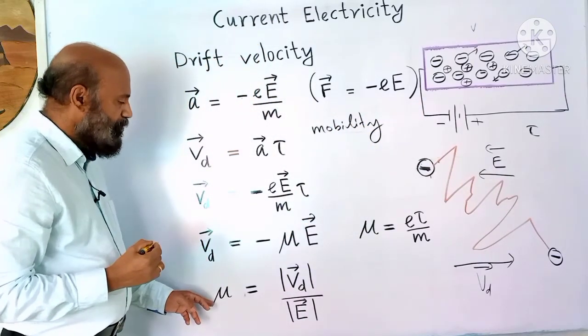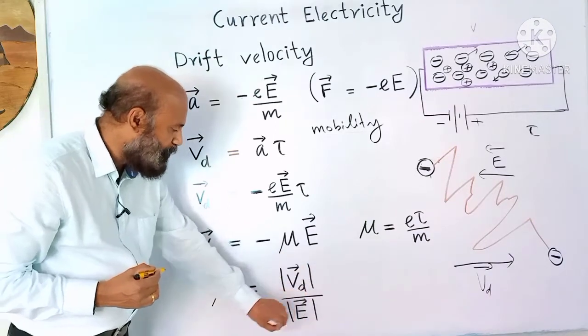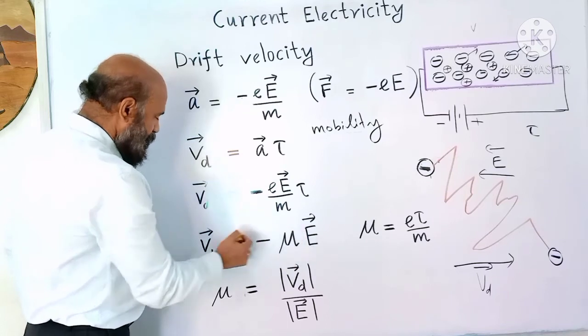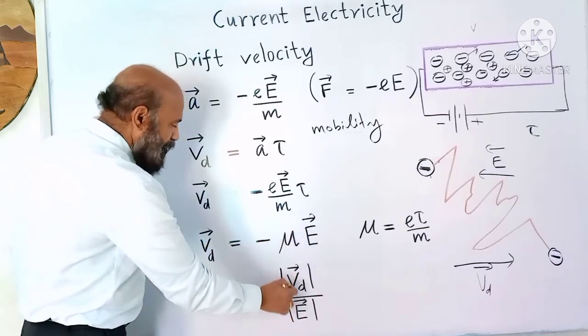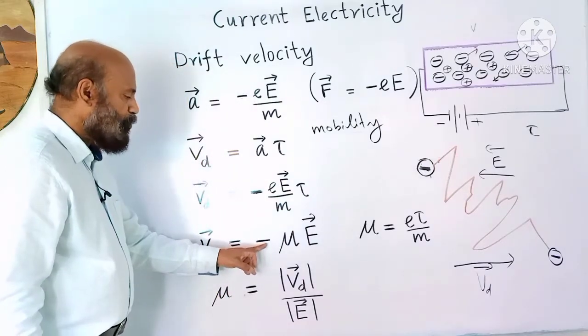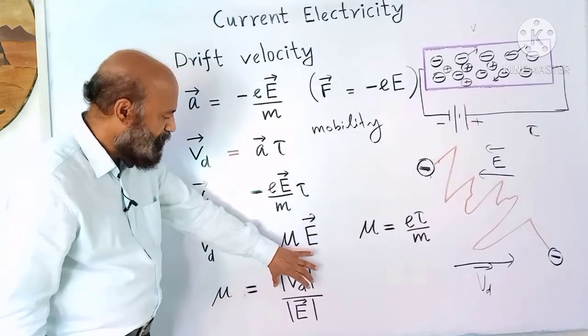Mobility is the drift velocity acquired per unit electric field. You can rearrange this, and mu can be written as Vd by E. When you take the modulus, the negative sign is not needed.